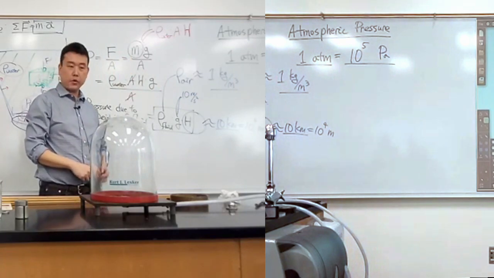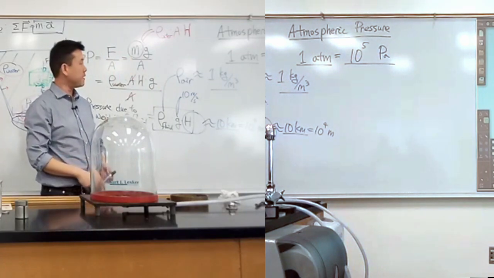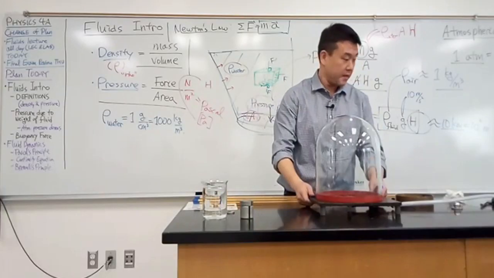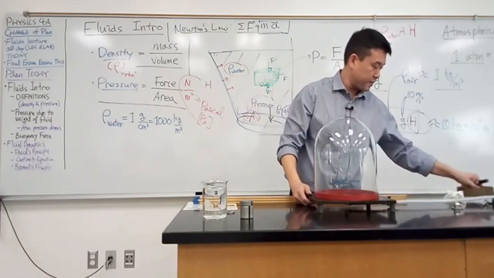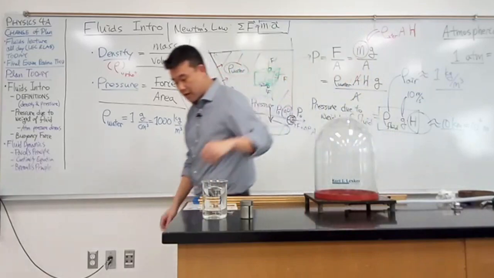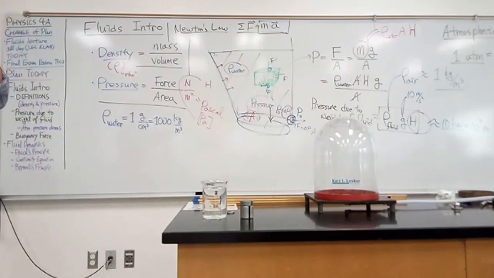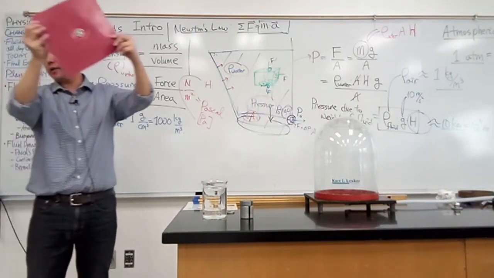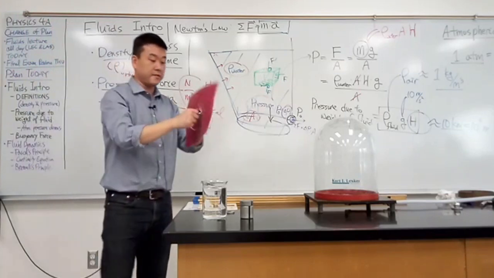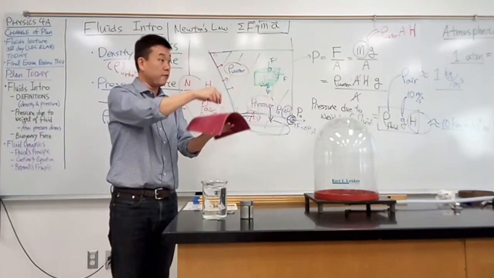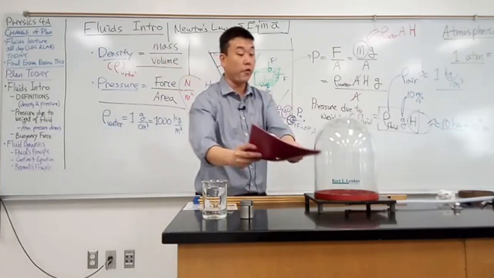It doesn't really strike you how big a number that is until you estimate some amount of force. I was having some of you do this demo, and you can play with this after class if you want. This is the demo I got about a year ago to illustrate the strength of atmospheric pressure. This is nothing special, it's just a rubber sheet. The only thing that's special about it is there's a handle attached to the middle so that I can apply a fair amount of force without lifting a corner.